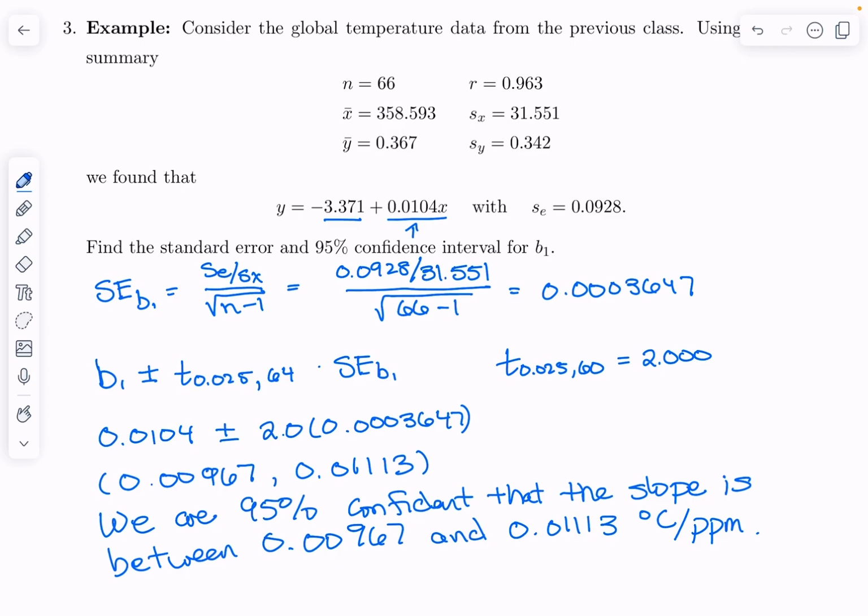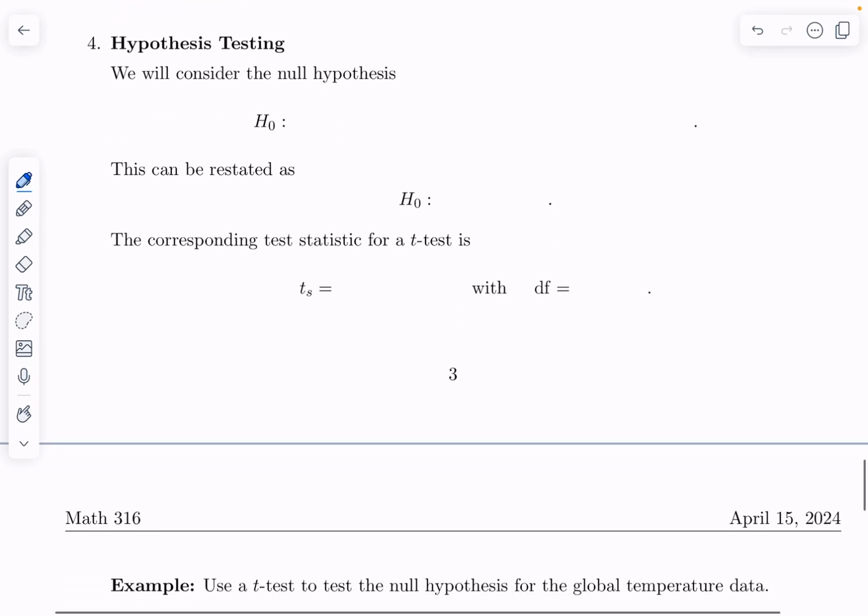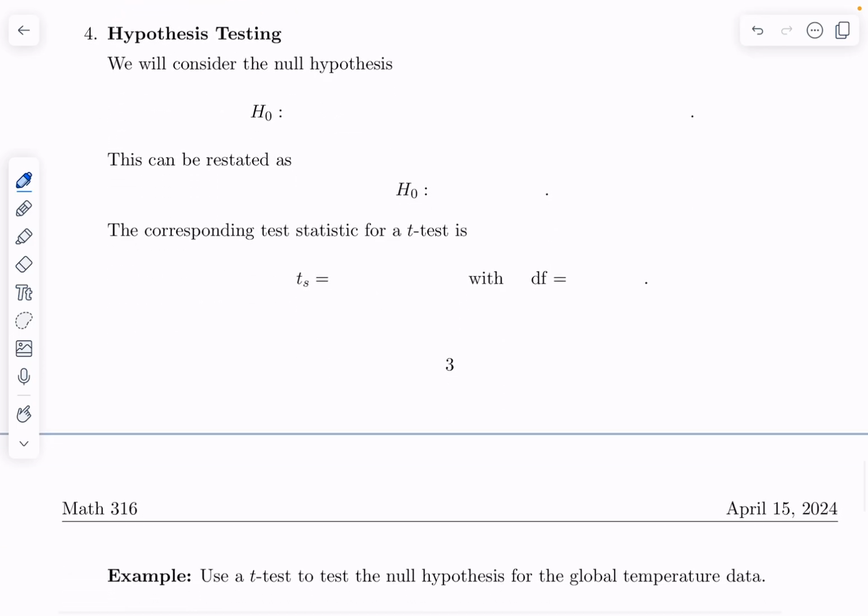So we want to do the hypothesis test that asks whether that slope is zero. So we're going to do some hypothesis testing, and we're going to consider the null hypothesis. The null hypothesis is going to be mu of y given x does not depend on x.